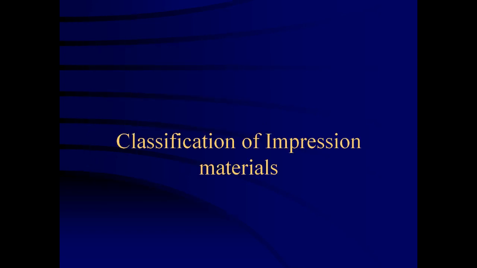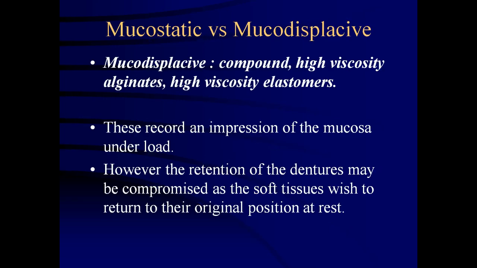Coming on to the classification of impression materials. The impression materials can be mucostatic versus mucodisplacive. Mucodisplacive materials include the high viscosity alginates and the high viscosity elastomers. These record an impression of the mucosa under load.